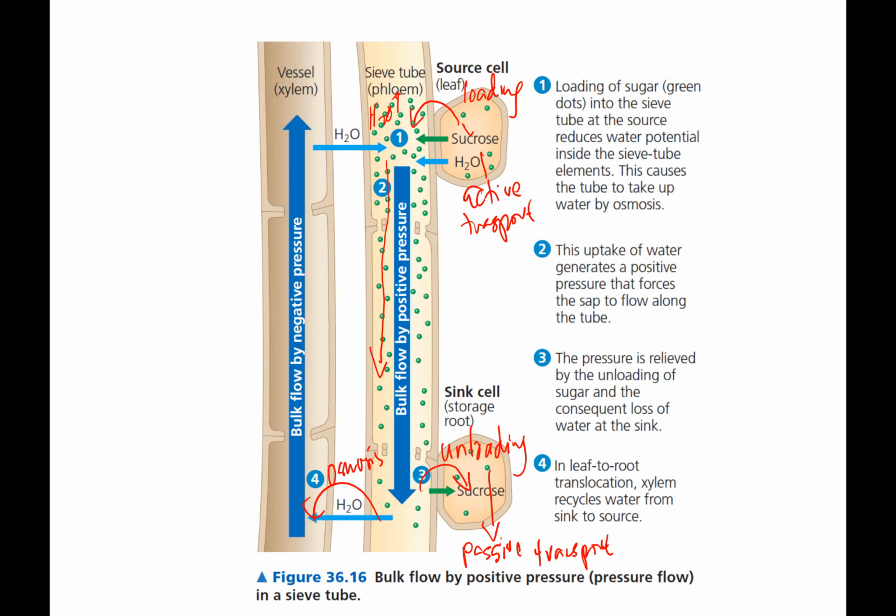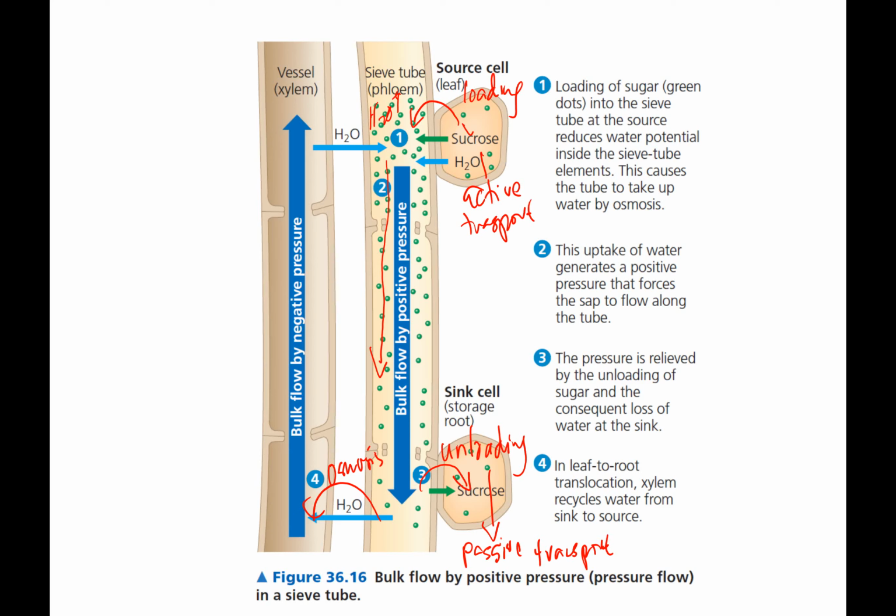And after that, at the same time as the sucrose is loaded into the sieve tube, water from the xylem will diffuse into the phloem by the osmosis process. The concentration of sucrose will be high at the sieve tube.